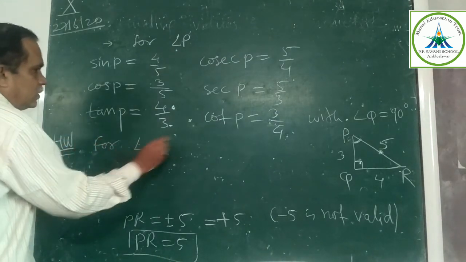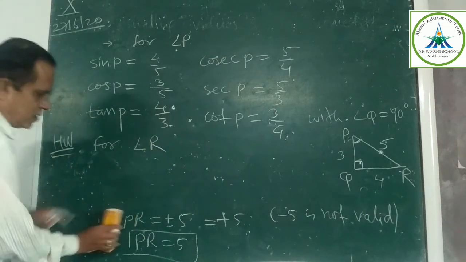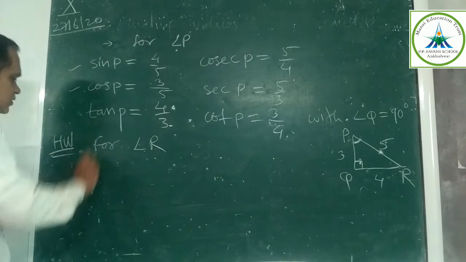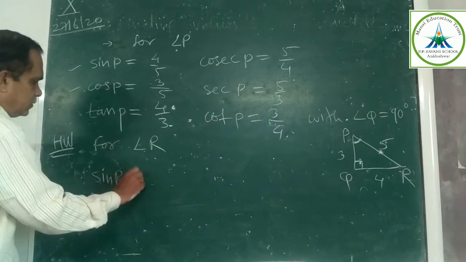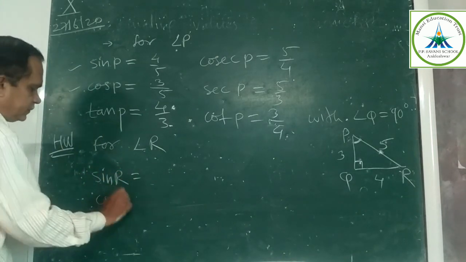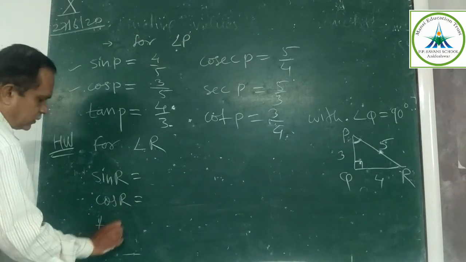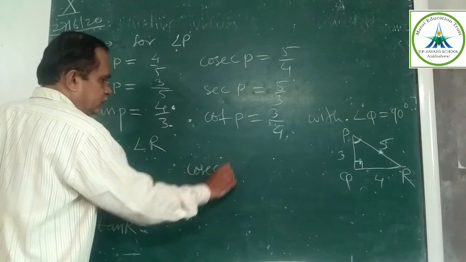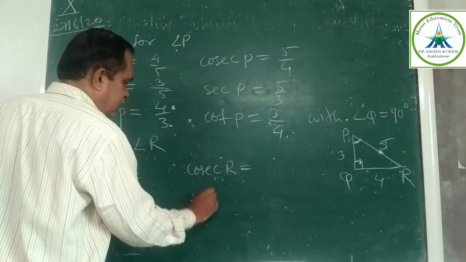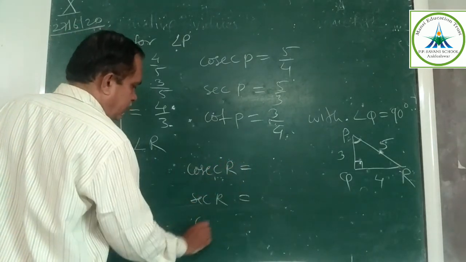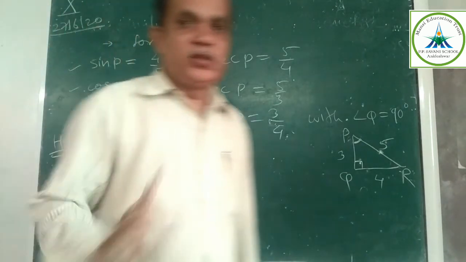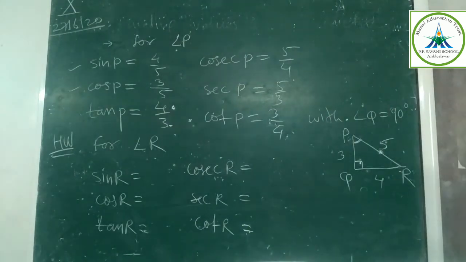For angle R. For angle R. Okay? You will find all these: sin R, cos R, tan R, cosec R, sec R, and cot R. Please, you will write yourself. Okay? This is just your own practice.